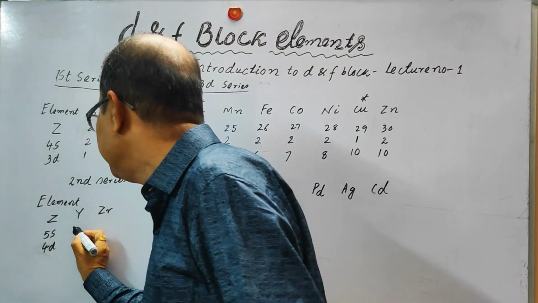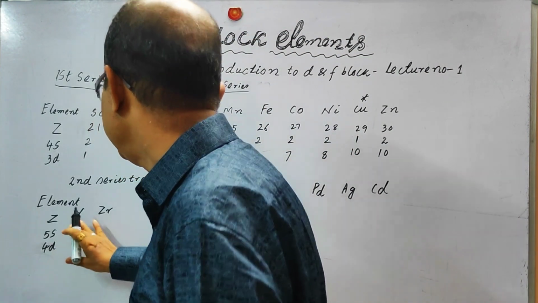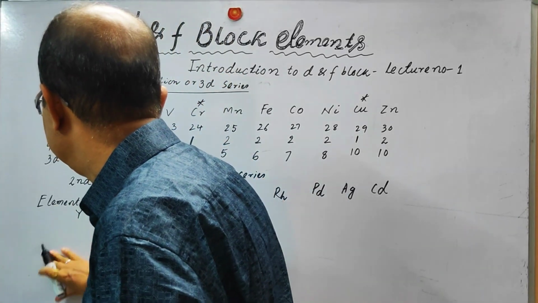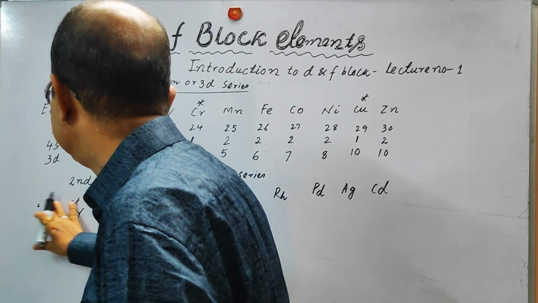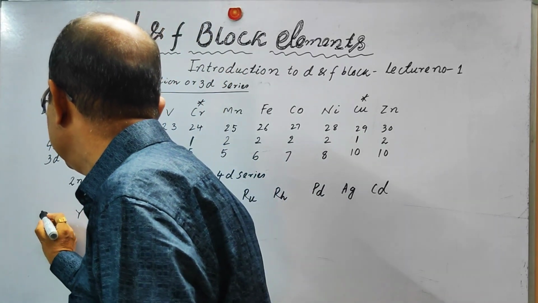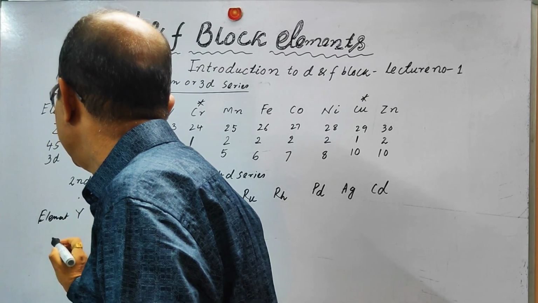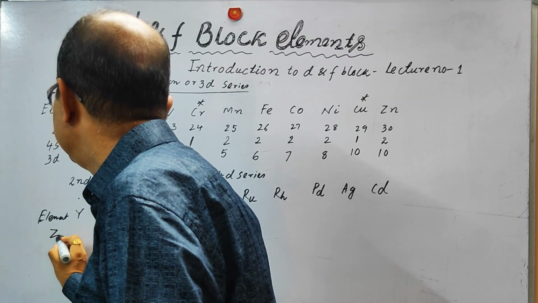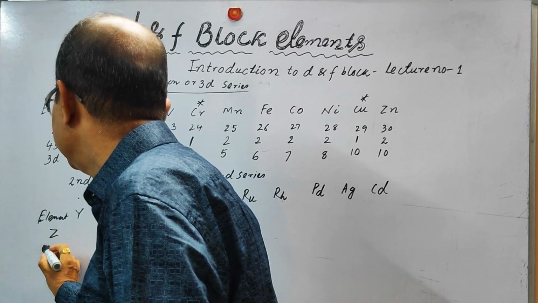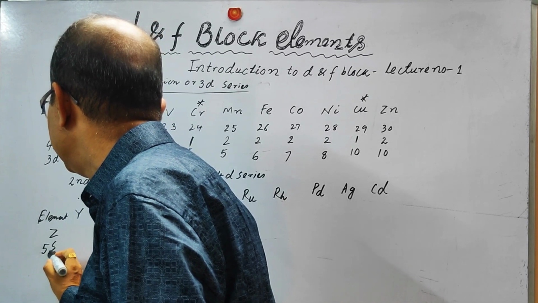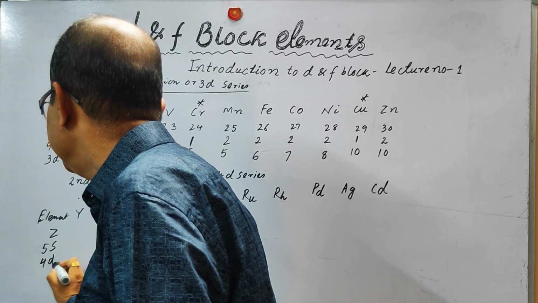What are the atomic numbers? This is the element, and this is Z, the atomic number, then 5s and 4d.